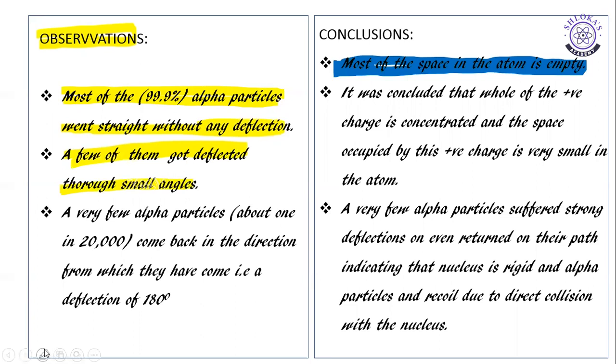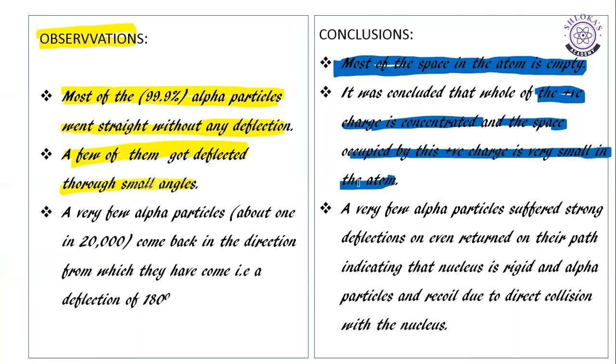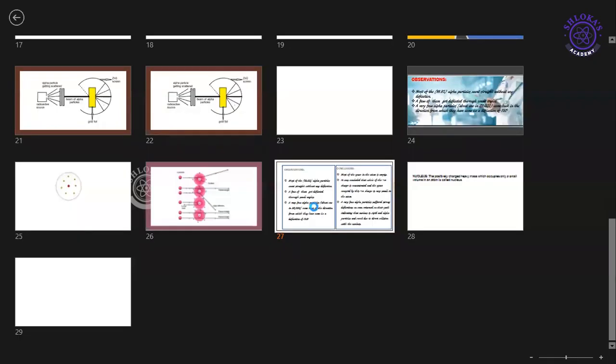From this, it was concluded that the whole of the positive charge is concentrated in a very small space in the atom. That small space is called the nucleus.